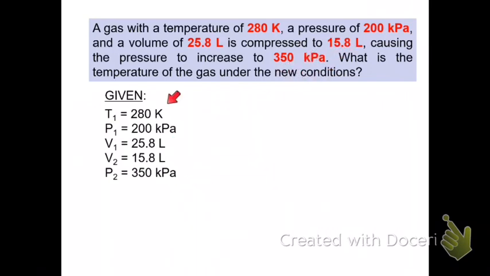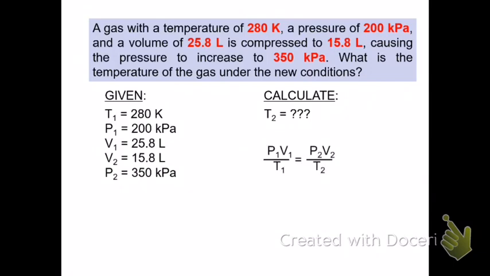All right, so all we have to do is use the combined gas law equation to calculate for the final temperature. This is the equation for the combined gas law, and we want to solve for the final temperature.